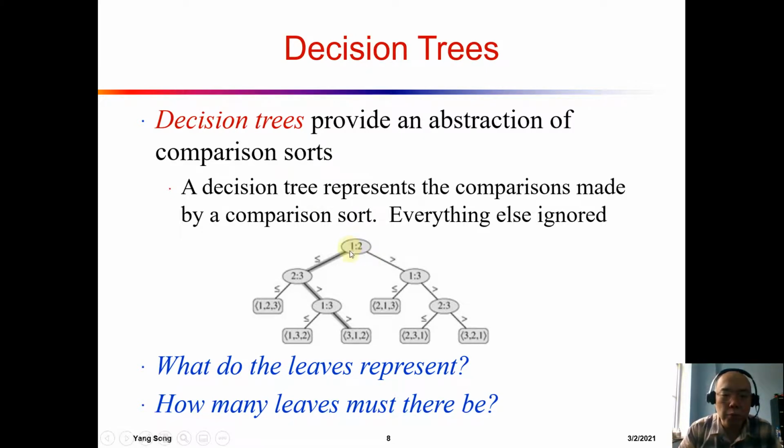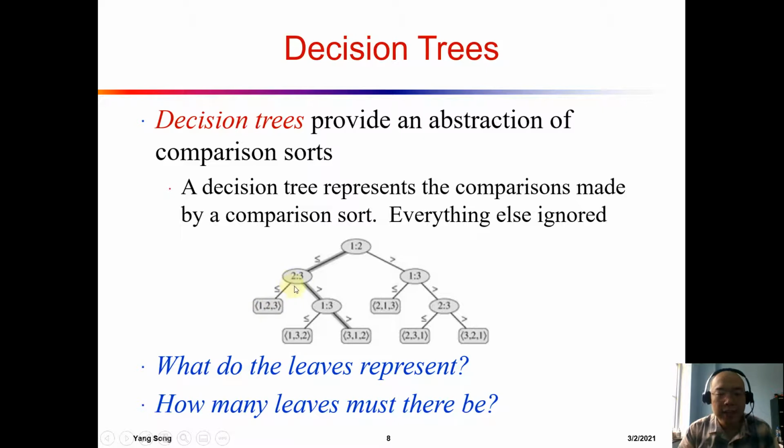If variable 1 is smaller or equal to variable 2, we can do another comparison between variable 2 and variable 3. If variable 2 is smaller or equal to variable 3, this means variable 3 is the largest and variable 1 is the lowest.